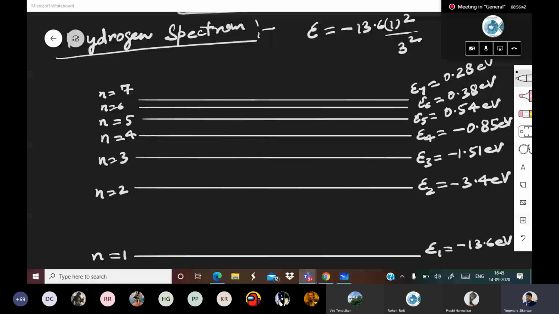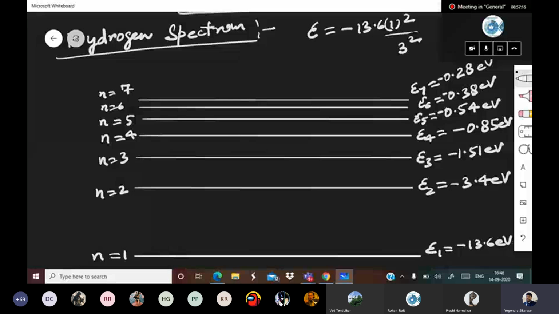In the second energy level, it is minus 3.4. In third, it is minus 1.51. In fourth, it is minus 0.85. In fifth, it is minus 0.54. The minus sign is also there. Then minus 0.38, then minus 0.28, and so on. When n becomes infinity, the energy will become 0.